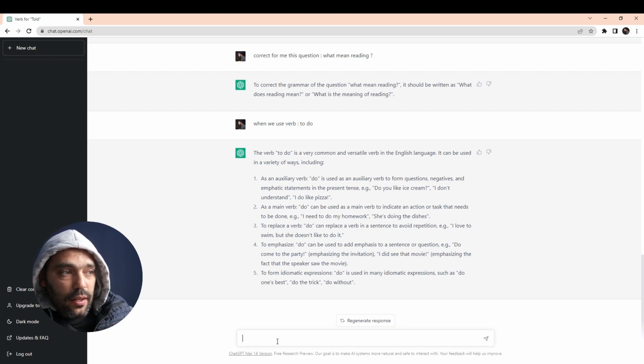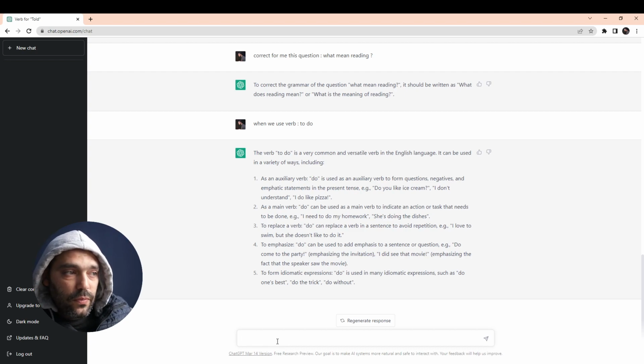Third, to replace a verb. Do can replace a verb in a sentence to avoid repetition. Example, I love to swim, but she doesn't like to do it.